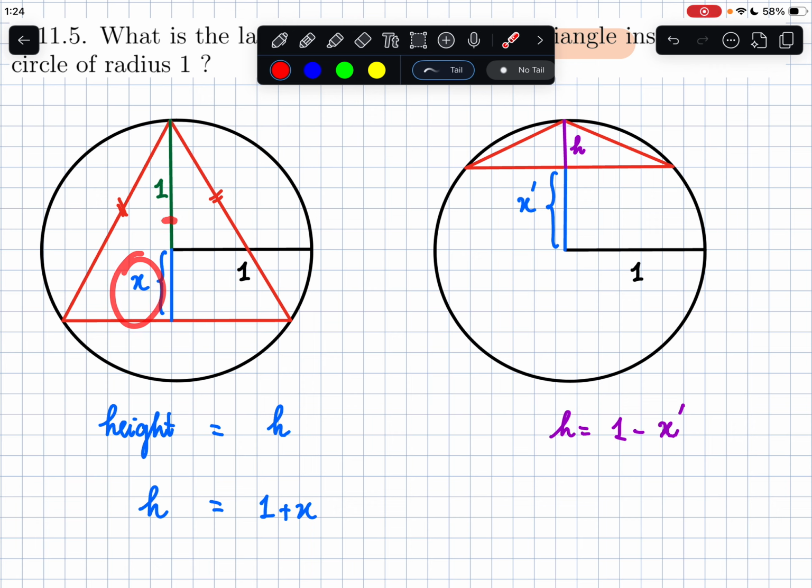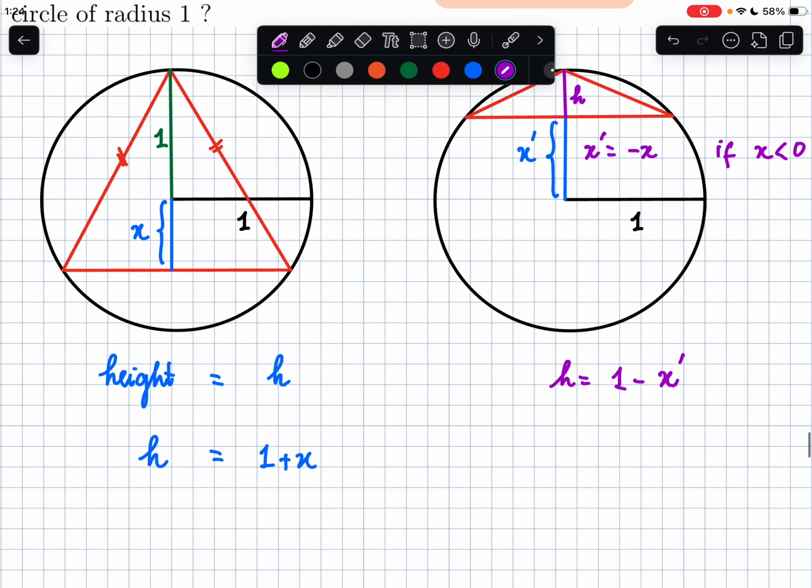So for example, if x is negative, then this length will be x prime. So x prime, think of that as minus x if x, the first case, is negative.